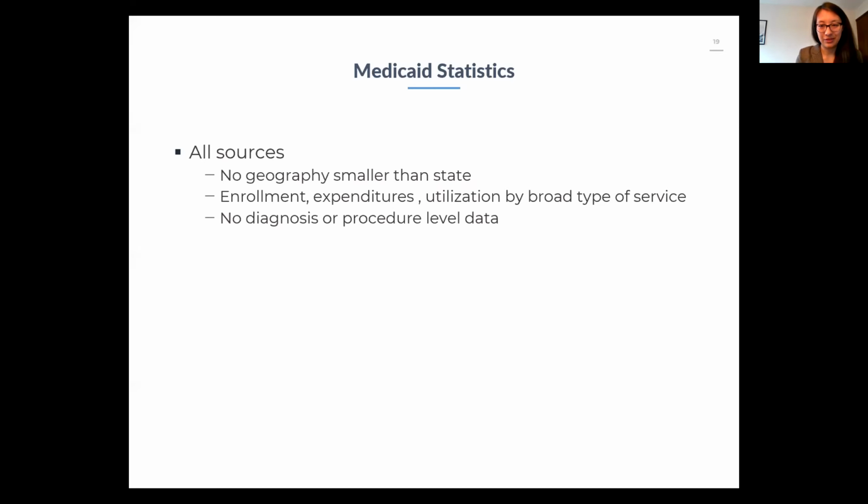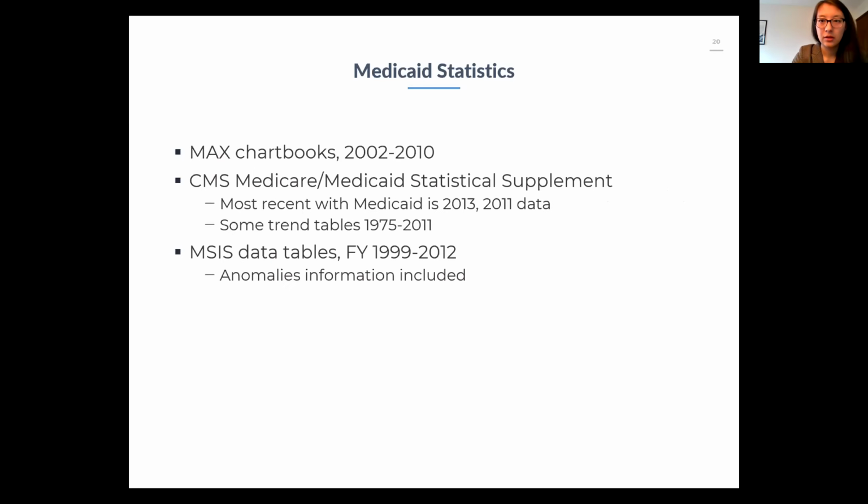So you have to read everything with the understanding that the underlying source is truly different programs by state. There are not any diagnosis or procedure level data for the Medicaid public use files. And again, everything's summarized by broad service types or broad eligibility categories.